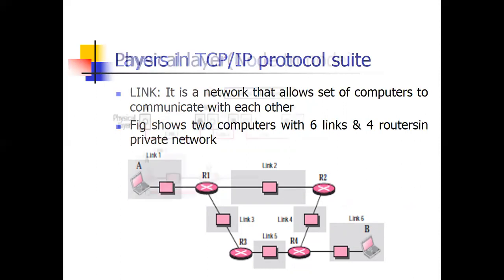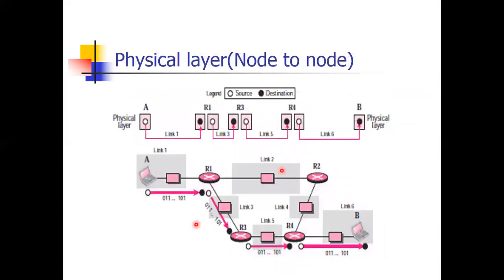So first of all, physical layer. See, this is computer A and this is computer B. We want to transmit data from computer A to computer B. The white one indicates the source and the black one the destination.